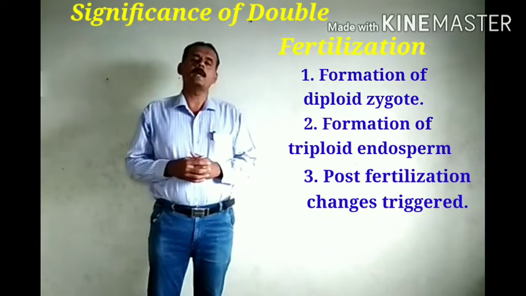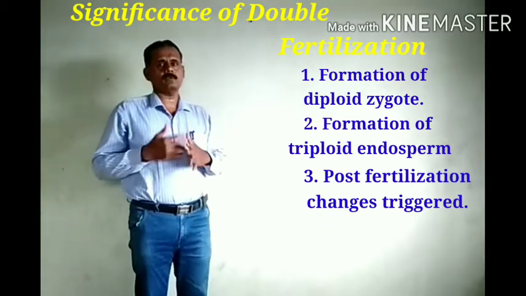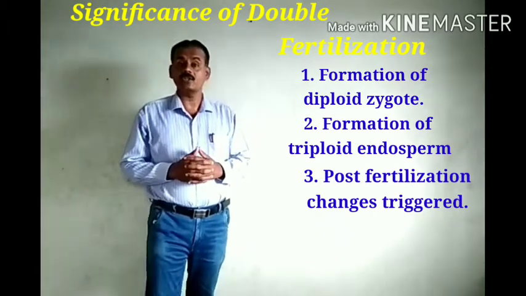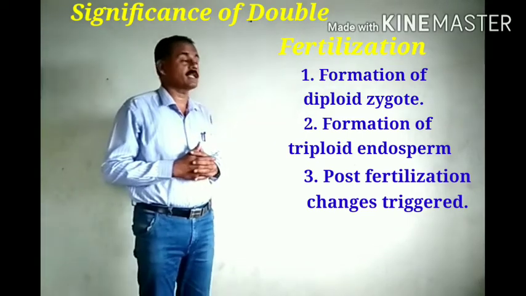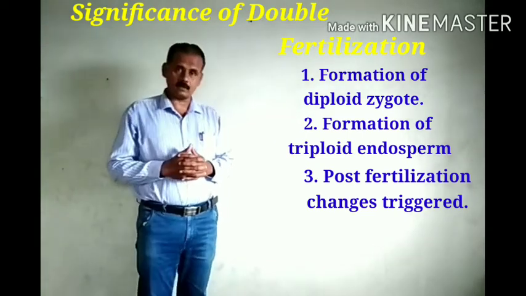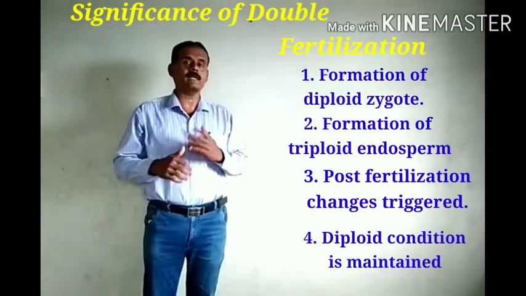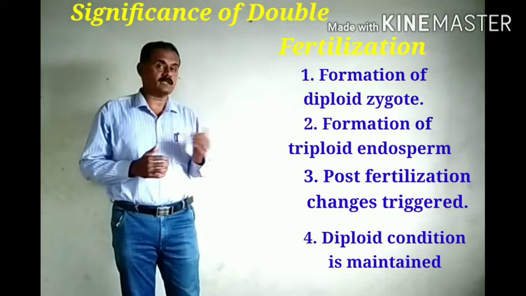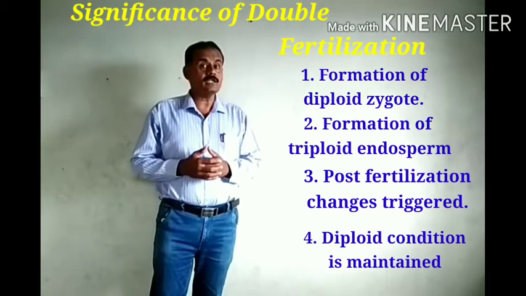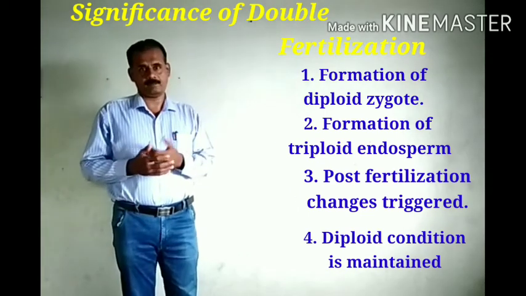The third significance is that it gives rise to post-fertilization changes. Post-fertilization changes begin from here, that is, formation of seed, formation of fruit, formation of embryo, formation of endosperm. All these things are completed only after fertilization. Diploid condition is maintained in the next generation.